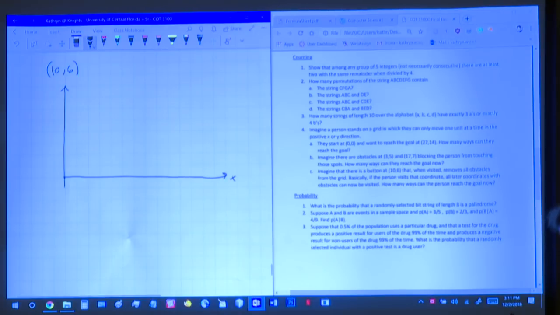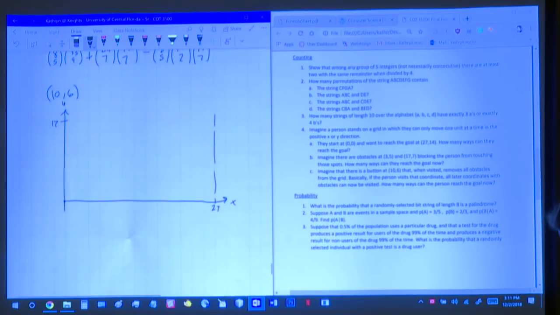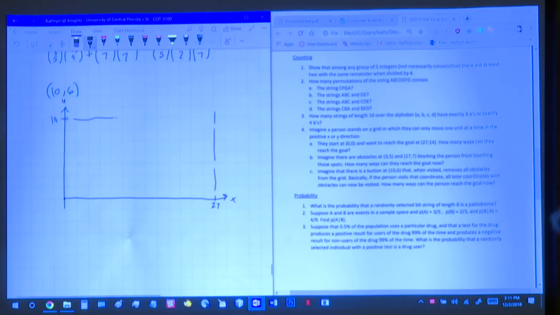But if I have X and Y, 17, 7, or sorry, this should be 14. They want to get here. They can't touch 3,5 or 17,7.